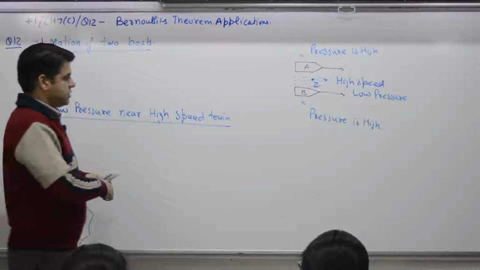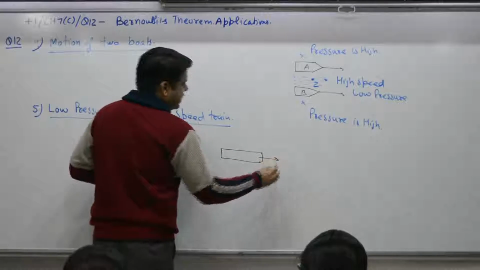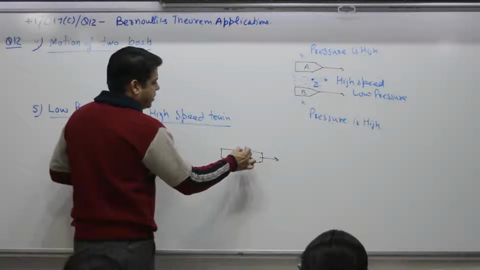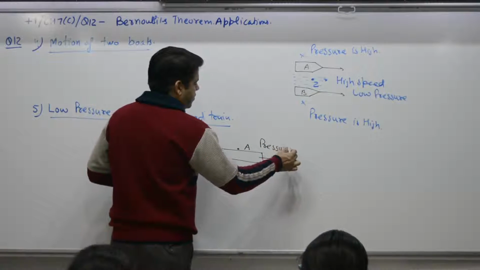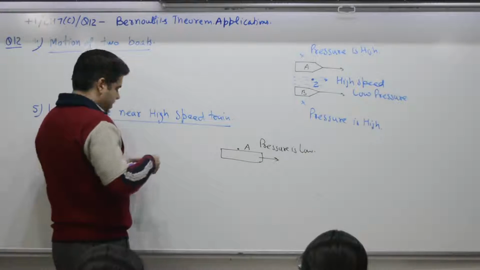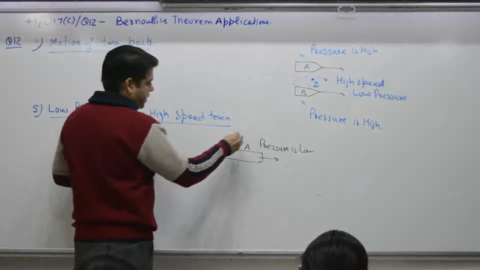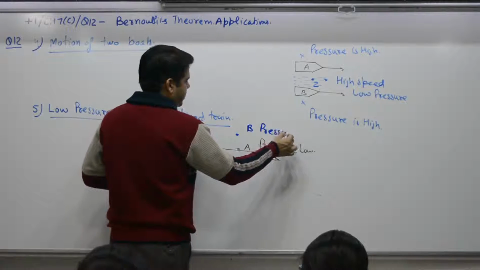So the person gets sucked in. If this is a train moving at high speed, nearby at point A, pressure is low. Points that are far away, B, pressure is high.